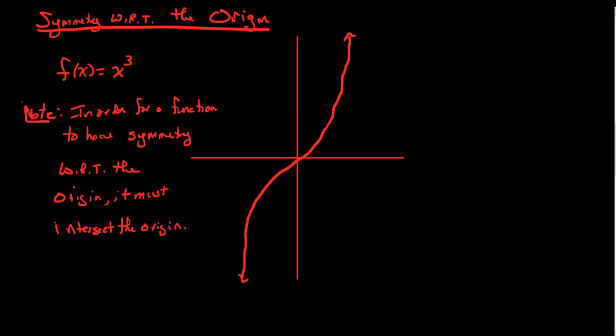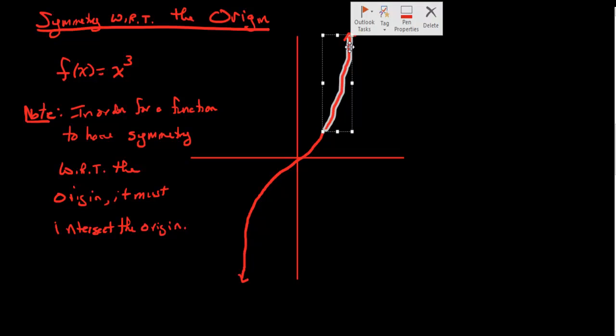So clearly here we see that f of x equals x cubed does intersect the origin. That's one of our first constraints that we have to meet, that it's going to have to intersect the origin.